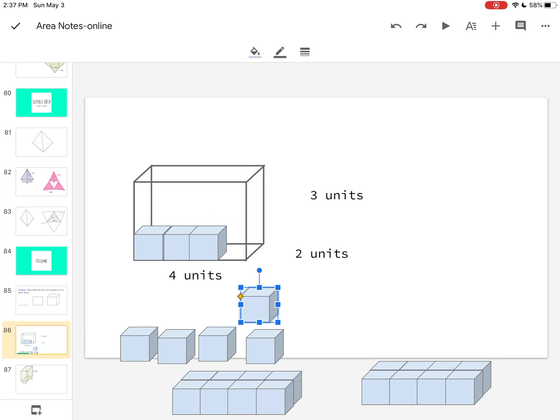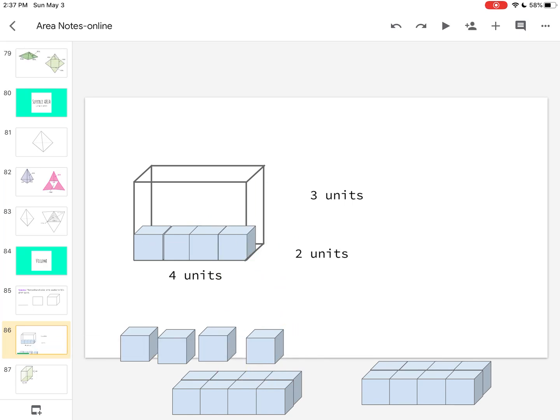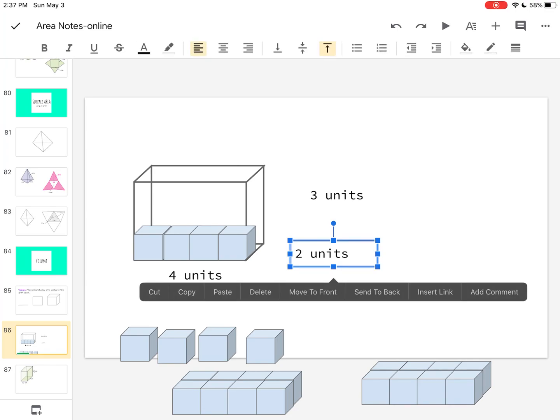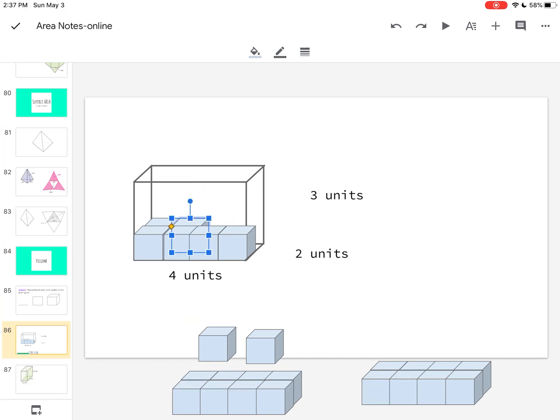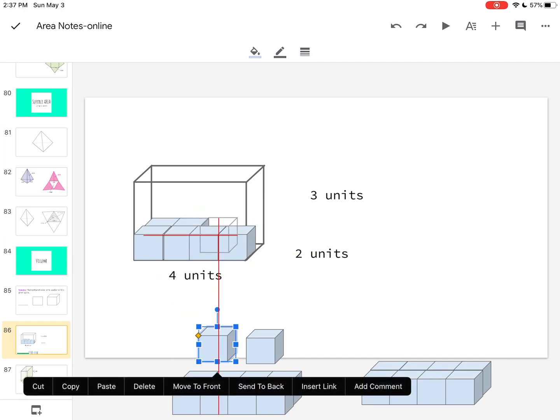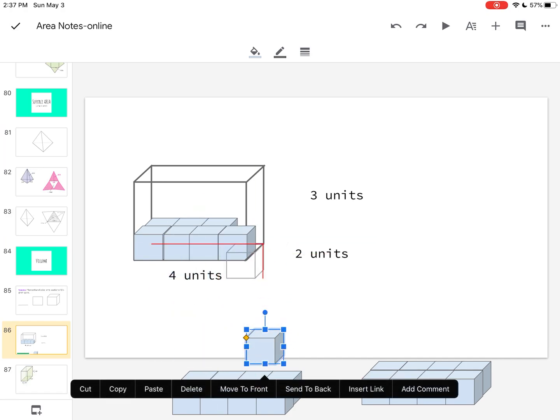Come on, unit cubes, be nice to me. Okay, so there I fit my 4 unit cubes along the length of the rectangular prism. But if you notice, it is 2 units wide. So I can actually do a double layer on the base here. So I'm going to drop my cubes.